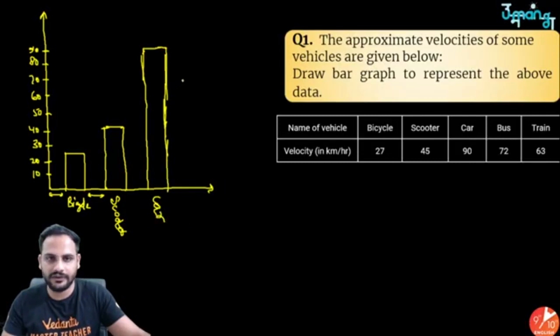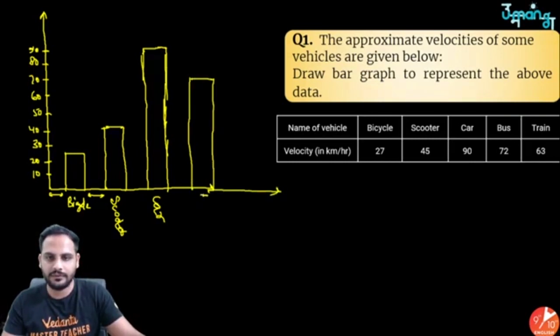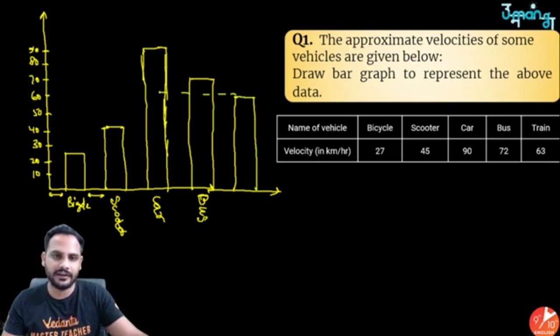Bus is going up to 72. Same space. Bus is going up to 72. Let me extend this. So this will be your bus. And then train is up to 63. So same gap, 63. Between 60 and 70 should be your 63, somewhere over here.